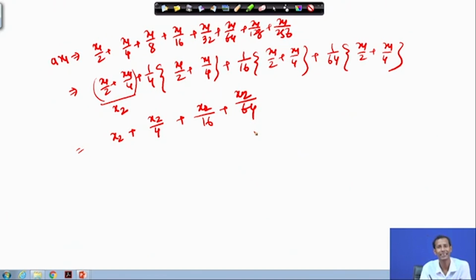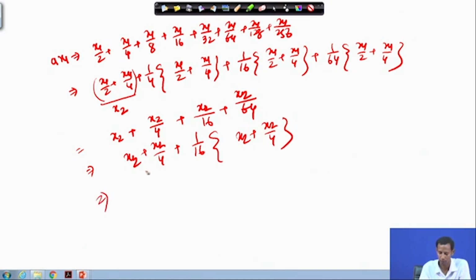So, in the next level, if you see these corresponding terms, x 2 plus x 2 by 4, if you take common, then x 2 plus x 2 by 4, that means what? If I take that as x 3, so this can be written as x 3 plus x 3 by 16.